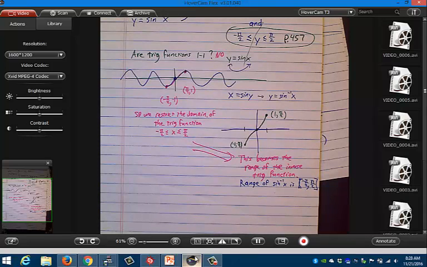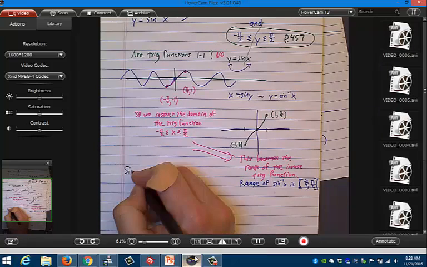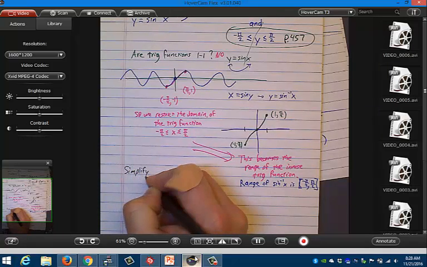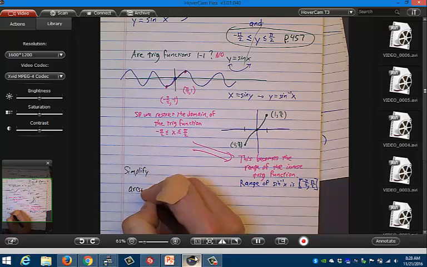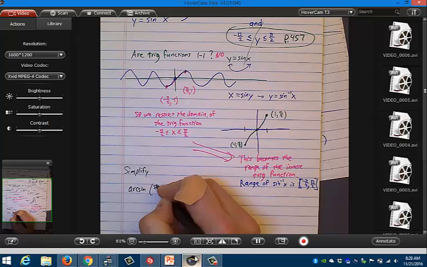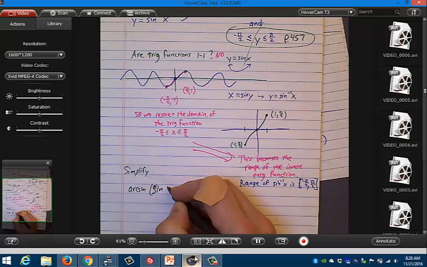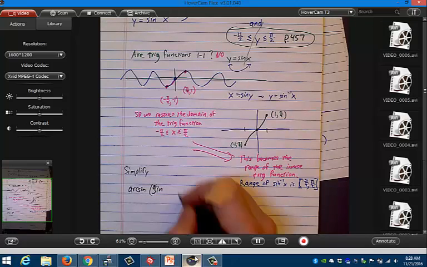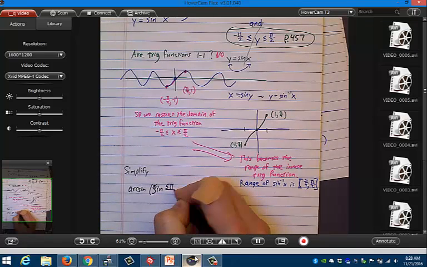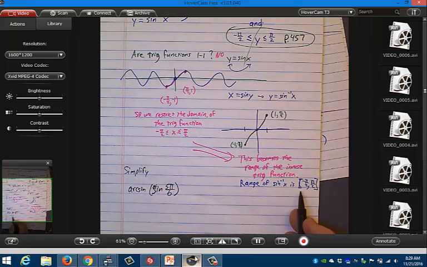So when I say, okay, guys, problem, let's simplify arc sine of sine of 5 pi over 6. It can't be 5 pi over 6 because the arc sine doesn't include 5 pi over 6 in its range.